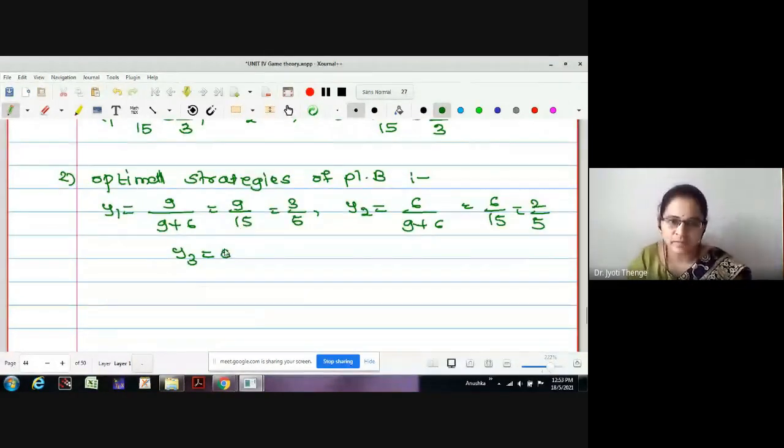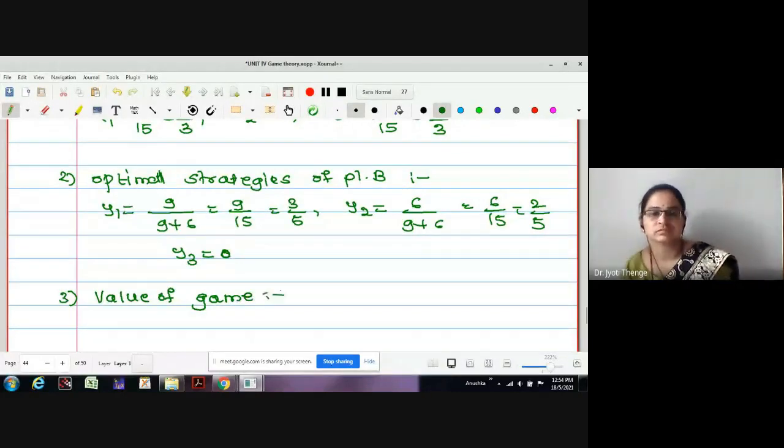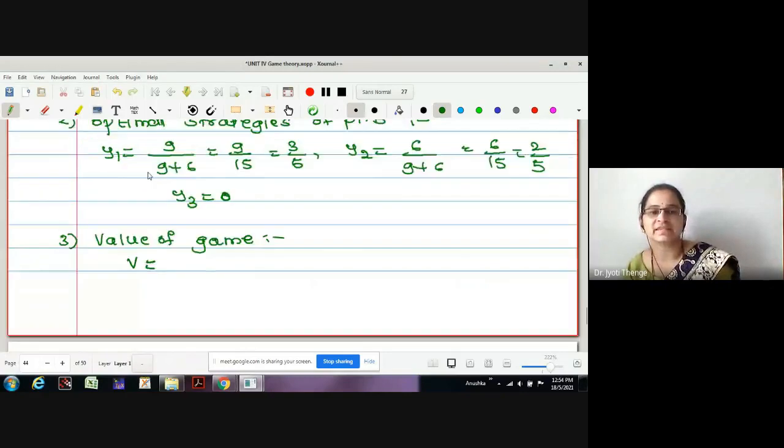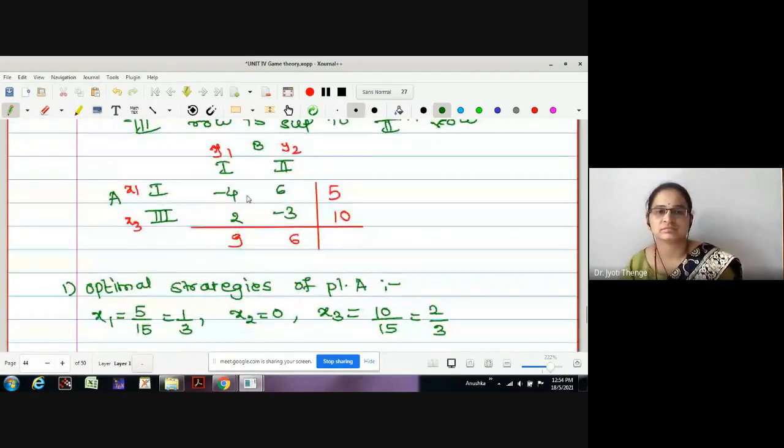Is that okay? What is the value of the game? Third point. How were we finding the value of a game actually? Finding the determinant value, no?